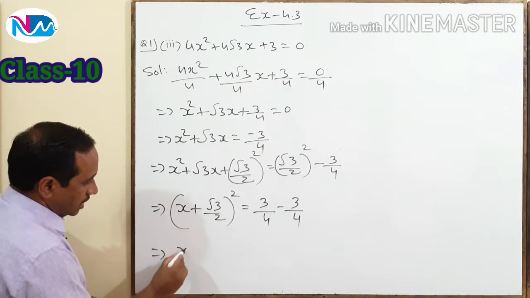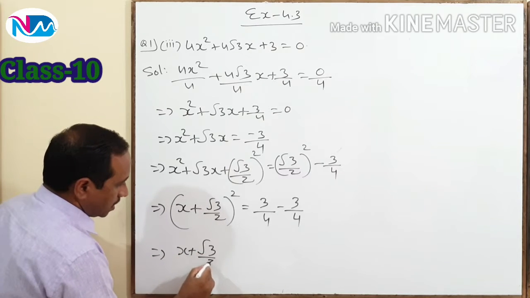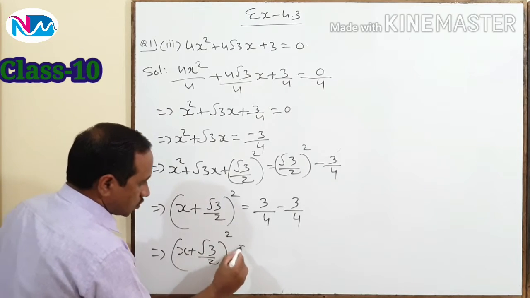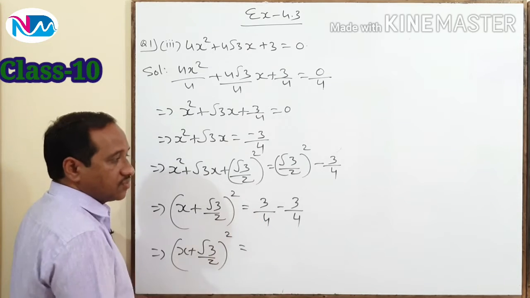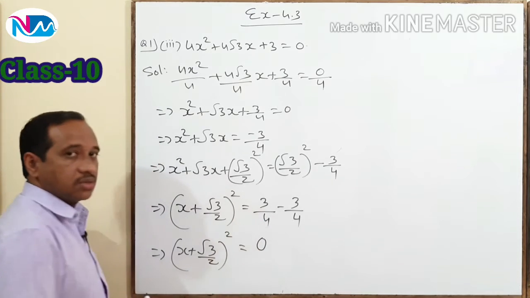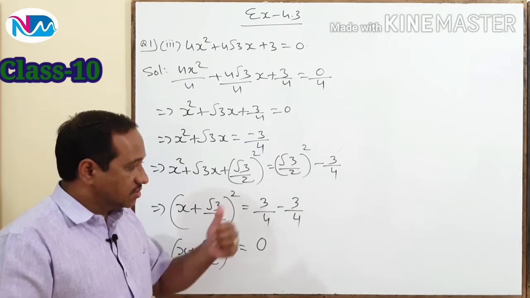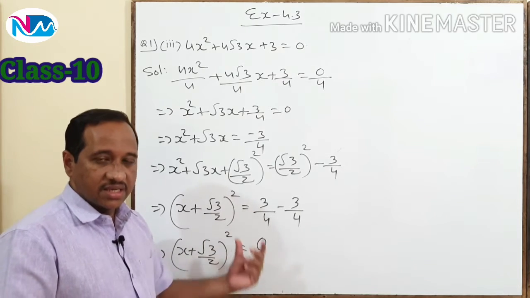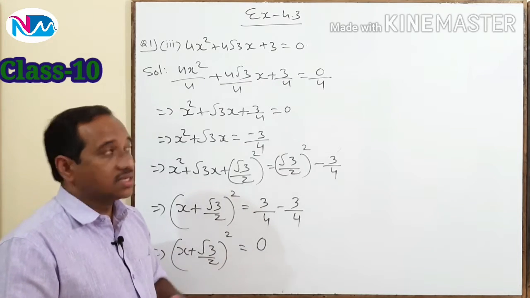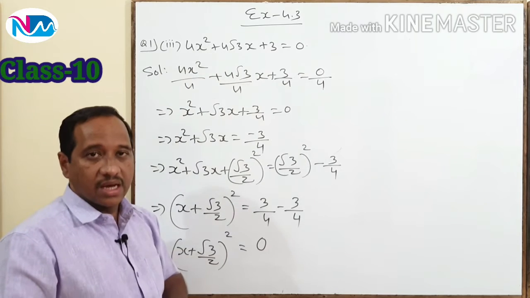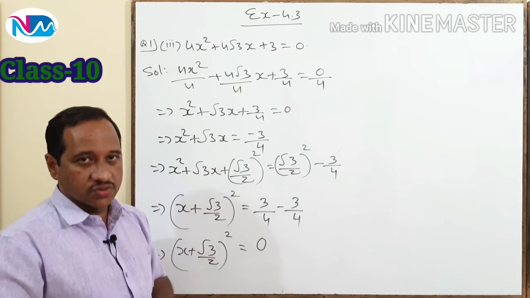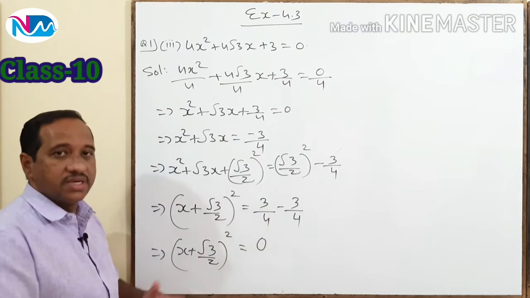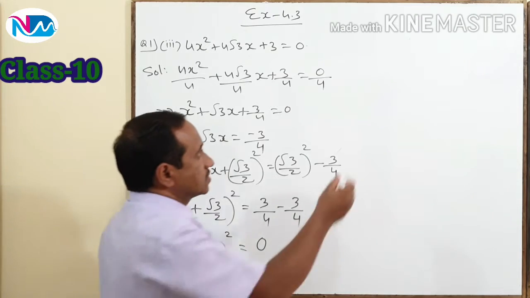That gives x plus root 3 by 2 the whole square is equal to 3 by 4 minus 3 by 4 is equal to 0. Here after simplifying the RHS we are getting 0, which means that this quadratic equation has two equal roots. The next step is to take the square root on both the sides.